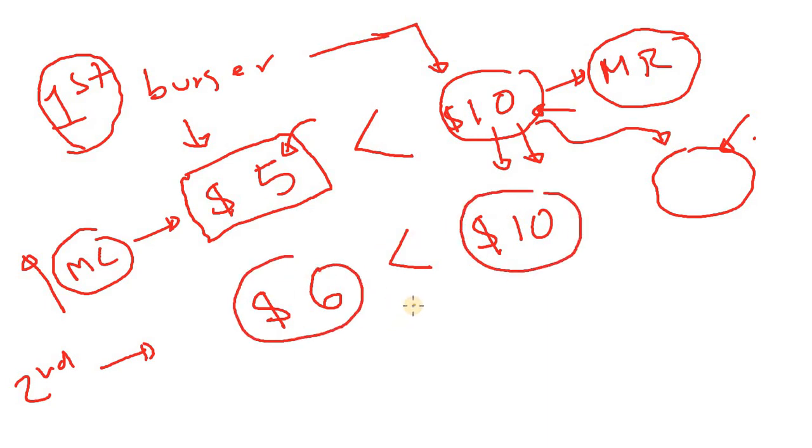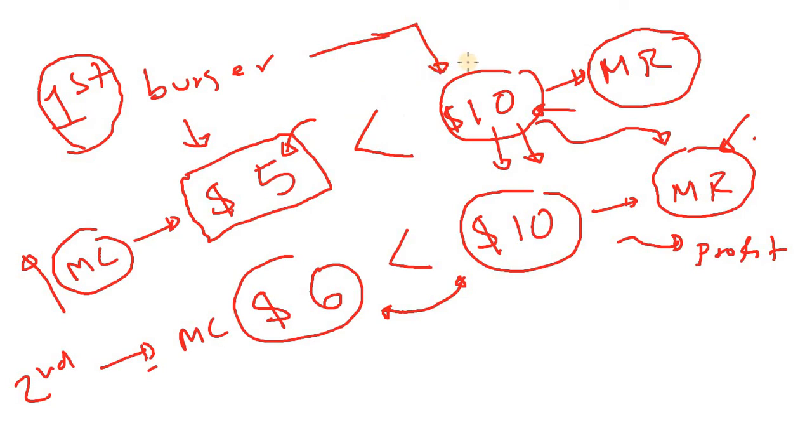So you get this extra marginal profit of $4. Definitely you're going to produce and sell this burger. There is some profit in the first burger as well, and some profit from the second burger.